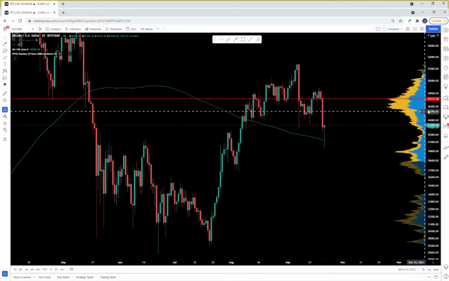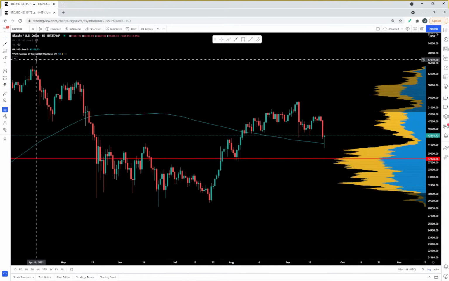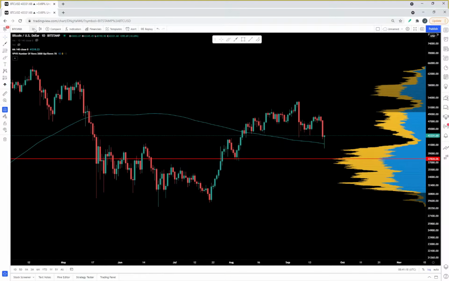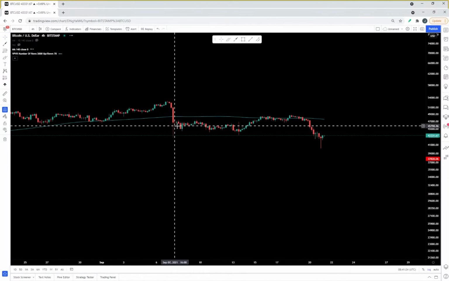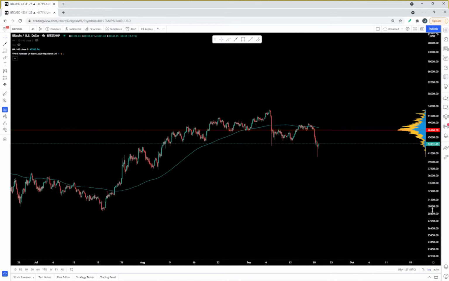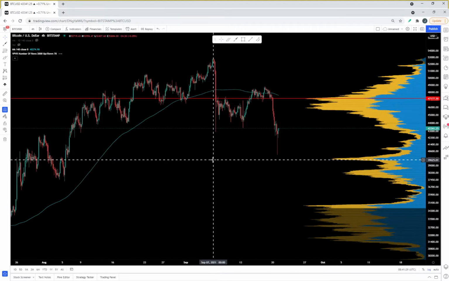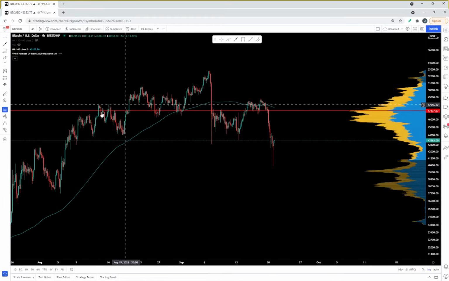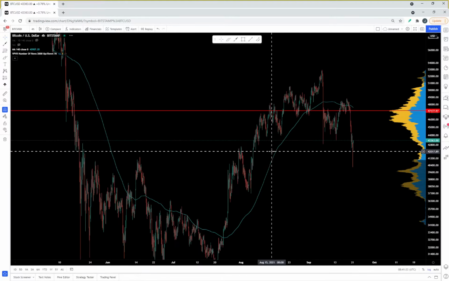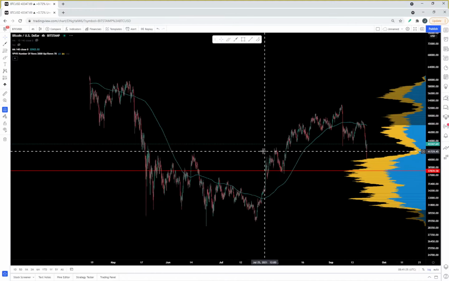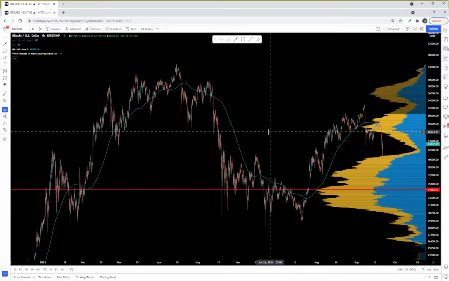So what you want to do when you're using this indicator is be on pretty much the day or at minimum, a 4-hour scale or even longer. You could use the week scale because what you're looking at here, you want to know where these levels of support and resistance are building.